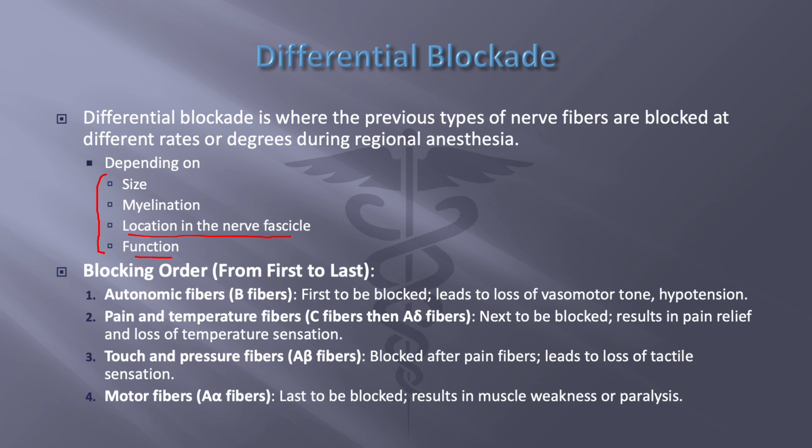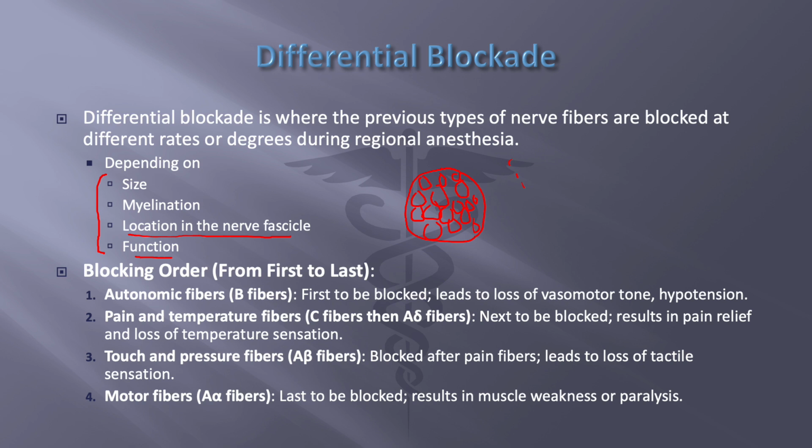So when we say the location in the nerve fascicle, when we look at nerves under ultrasound, they look like what? They look like a honeycomb, okay? So this honeycomb structure is actually showing us the different nerve fibers. So their location inside that fascicle also matters.